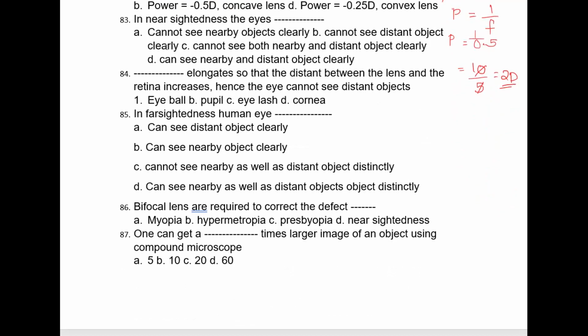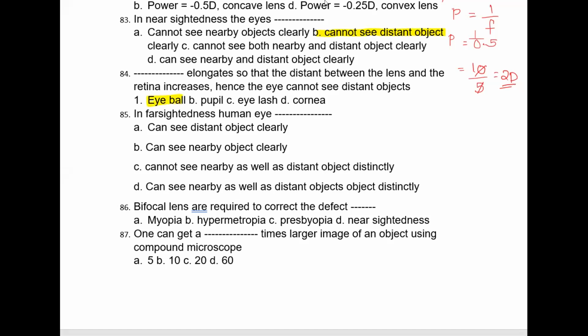We know that in nearsightedness, a person can see nearby objects but is unable to see distant objects. So the answer is cannot see distant objects, option B. Next question is dash elongates so that the distance between lens and retina increases. Hence, the eye cannot see distant objects. Eyeball, pupil, eyelash, cornea. The answer is the first one, eyeball.